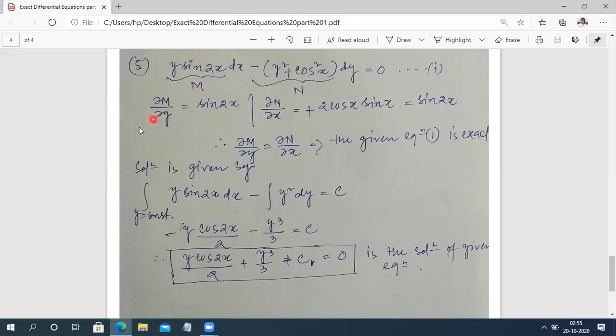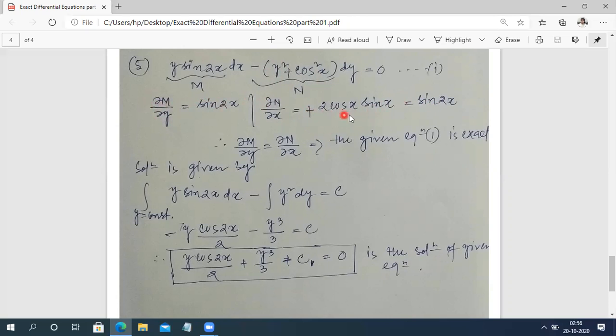Partially differentiate m with respect to y, sine 2x will be treated as constant, so there is only one term, that is sine 2x. And if we differentiate n with respect to x, what will happen? Partially differentiating n with respect to x, keeping y as constant, this will be only 2 cos x sin x, so it is sine 2x.